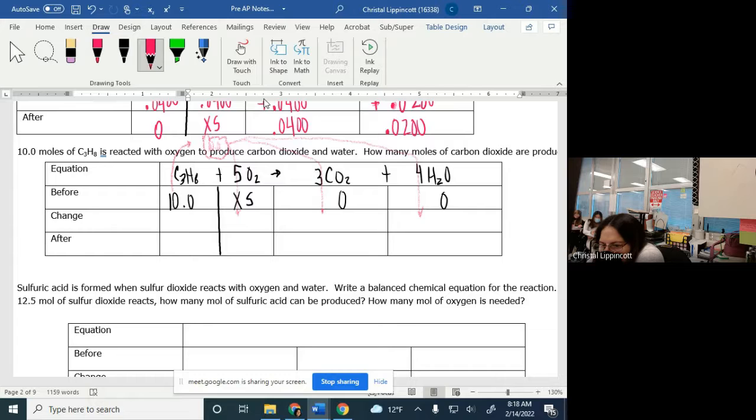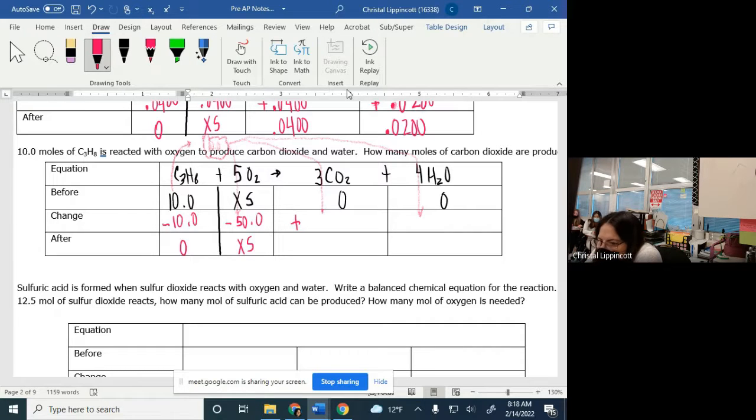All right, so I'm going to use up all of this and not have any left over. Here, I'm going to need, oops, that shouldn't be a plus, that should be a minus. I'm going to need 50 moles of oxygen, leaving me with an excess amount. Now on this side, this is going to be a plus because I'm making this stuff.